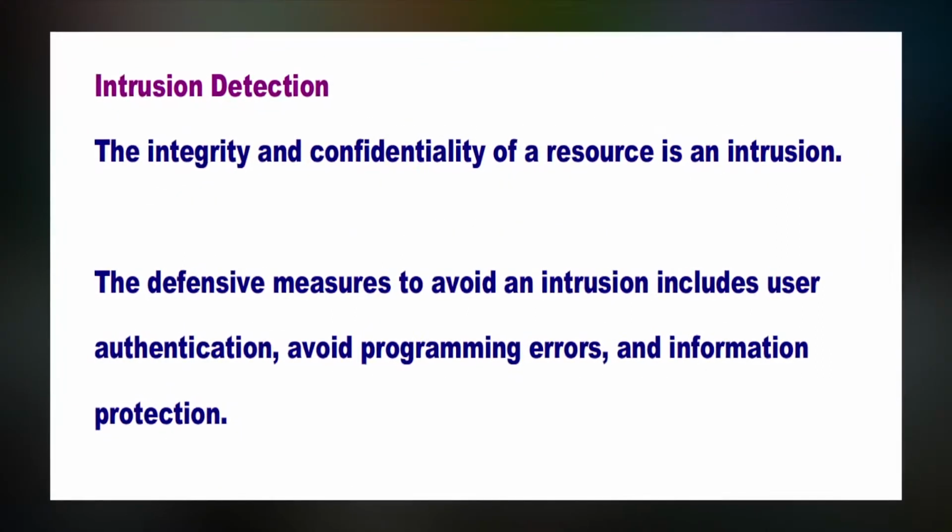The integrity and confidentiality of a resource is basically questioned. The defensive measures to avoid an intrusion are intrusion detection, user authentication, avoiding programming errors and information protection. Data mining also helps to improve intrusion detection by adding a level of focus to anomaly detection. By the way, an anomaly is a peculiar or strange deviation from the normal happening.